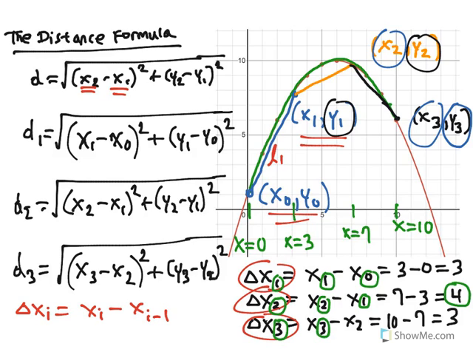Delta x sub 3 is x sub 3 minus x sub 2. And of course, 2 is 1 less than 3. And also, you can do the same thing for the y coordinates. You can write delta y sub i is equal to y sub i minus y sub i minus 1. And you will see this as a part of our derivation, so that's where that comes from.